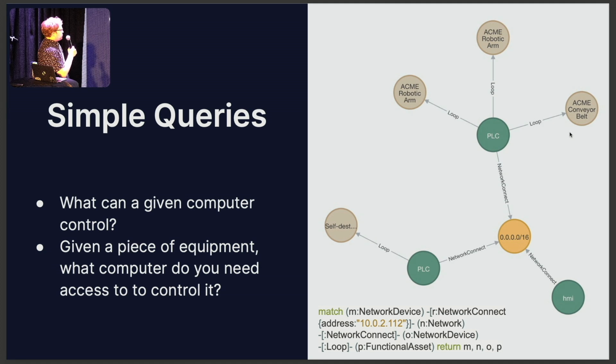Or if I'm trying to do a risk assessment on a particular piece of equipment, maybe if I'm looking at the self-destruct thing, I can ask the database which IT devices have a path to be able to control this. So you can see how that would be useful for some of these higher, more destructive physical things.